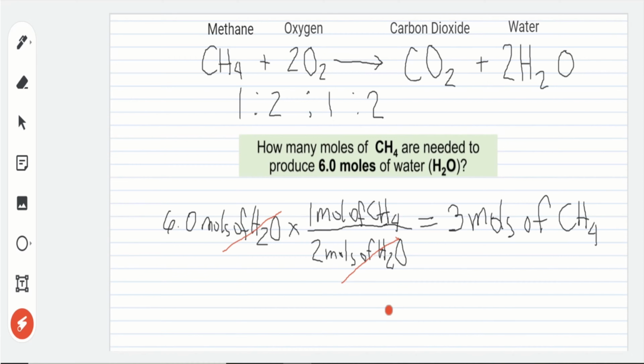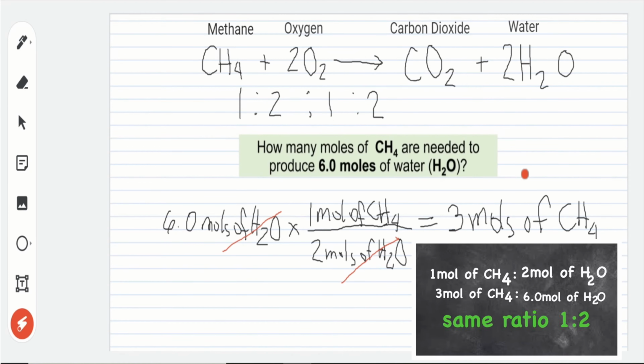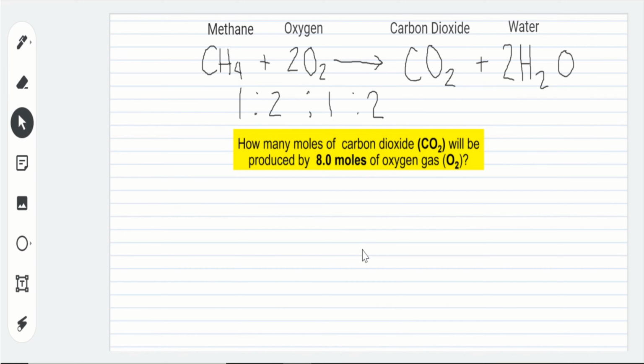If you look, the ratio of methane and water is still the same. We have 3 here. If we multiply this 3 by 2, it becomes 6. If we multiply 3 by 1, it becomes 3. So their ratio is still 1:2. Okay, so let's have another example here.